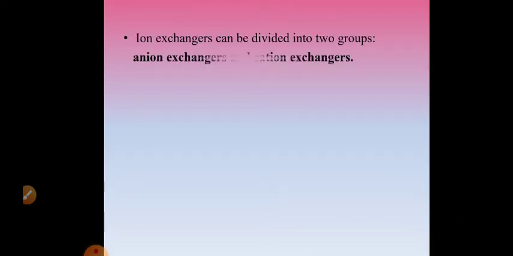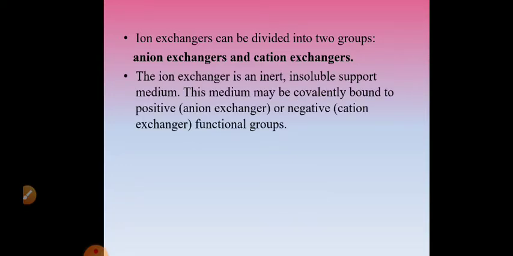Now there are two types of ion exchangers, an anion exchanger and a cation exchanger. What is an ion exchanger? It is an inert insoluble support medium. This medium is covalently bound to positive ions in an anion exchanger and negative ions in a cation exchanger.